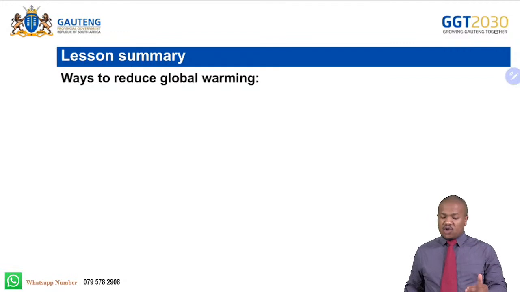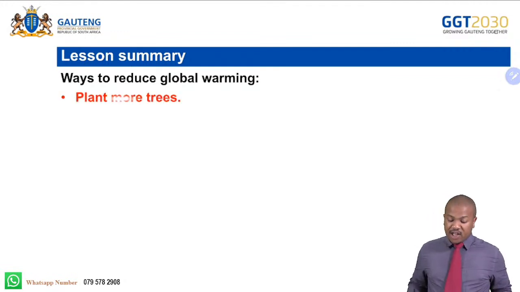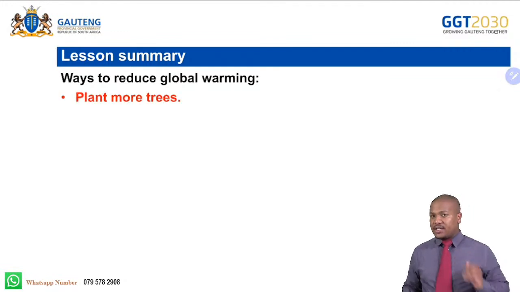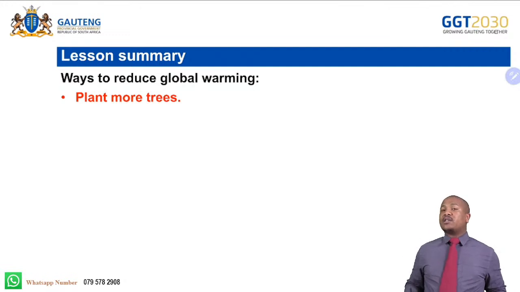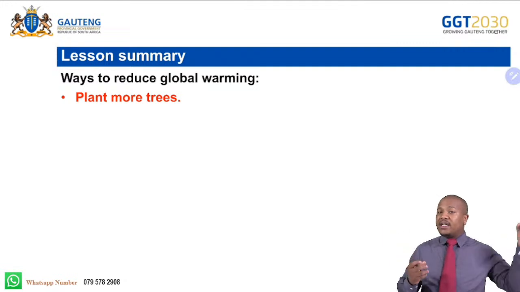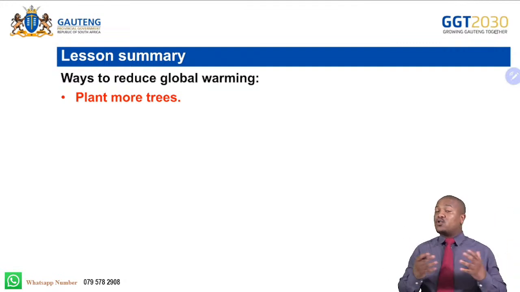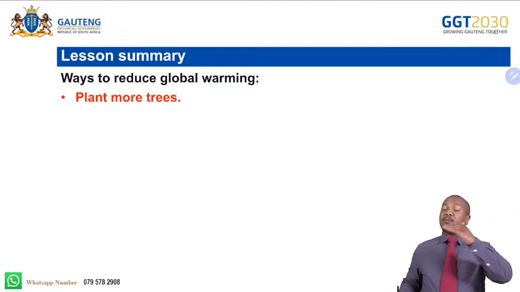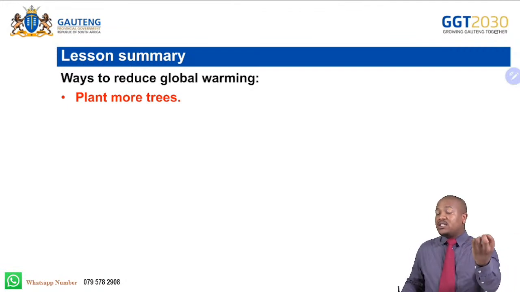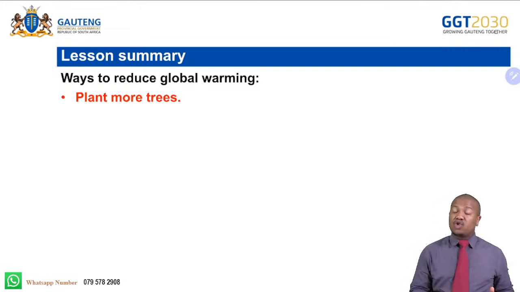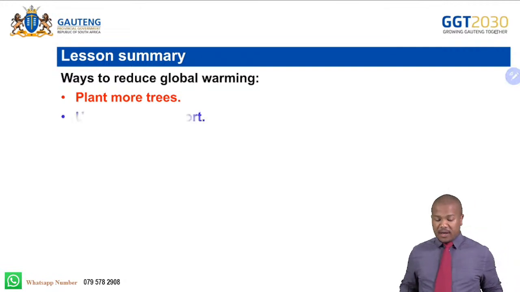So ways to reduce global warming. We said that they include planting more trees. Because of what? When you plant more trees, the trees absorb the abundant what? Carbon dioxide for photosynthesis, leaving the atmosphere with less carbon dioxide. That is enough also to sustain heat and also not too much to cause global warming.